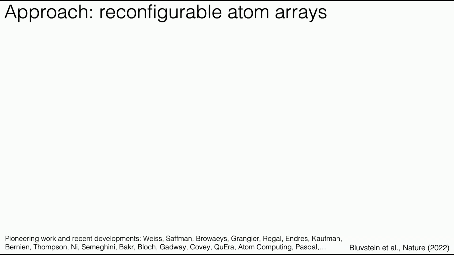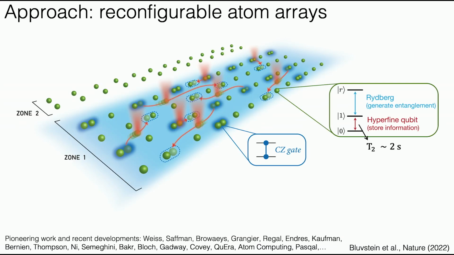So Misha discussed our platform yesterday, but just as a quick review, we're going to use reconfigurable atom arrays, where we have individual atoms trapped in these optical tweezers, which we can move around during the computation. And we store the qubit information in long-lived hyperfine qubits, which can last several seconds of coherence time.